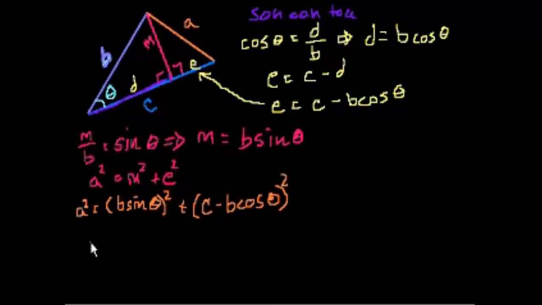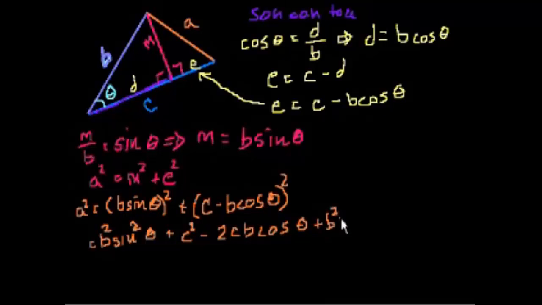So that equals B squared sine squared theta. Sine squared theta just means sine of theta squared, right? Plus, and then we just multiply this out: C squared minus 2CB cosine theta plus B squared cosine squared theta. Right? I just expanded this out by multiplying it out.